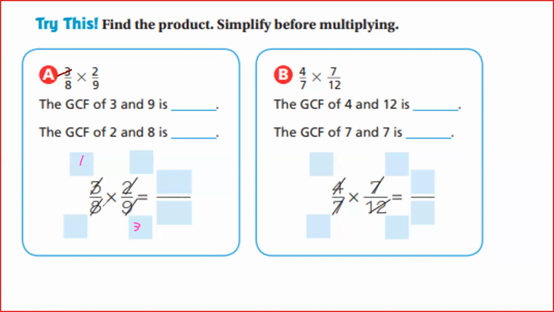4. No, don't divide 8 by 2. Find a number that can be divided by 2 and can be divided by 8. Look at number 2. It can be divided by what?